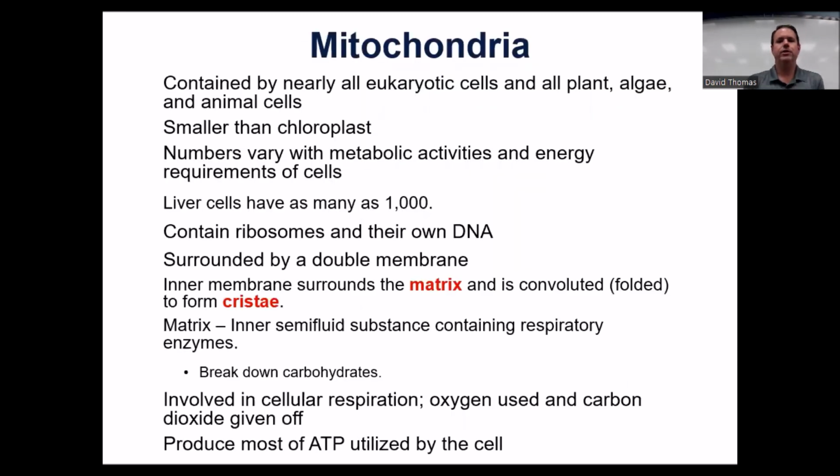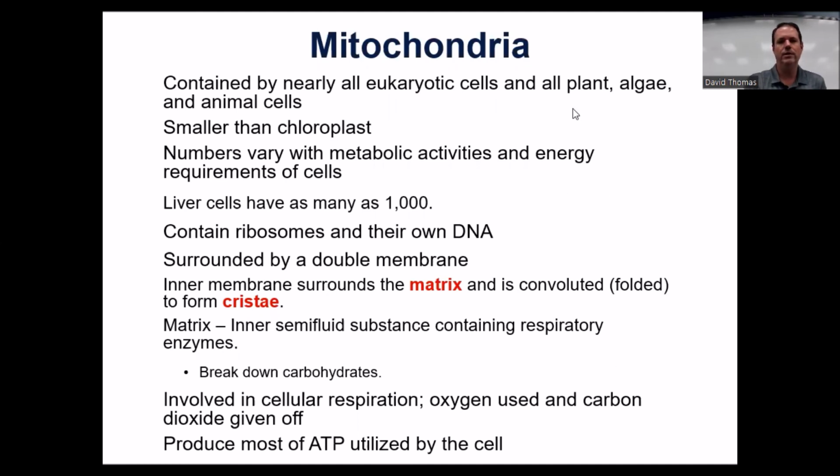The other energy-associated organelle is called the mitochondria. Many of you have probably heard of the mitochondria. It has the ability to take carbohydrates, glucose, and convert that into energy through a series of biochemical reactions. You find this in pretty much all of the eukaryotic cells.